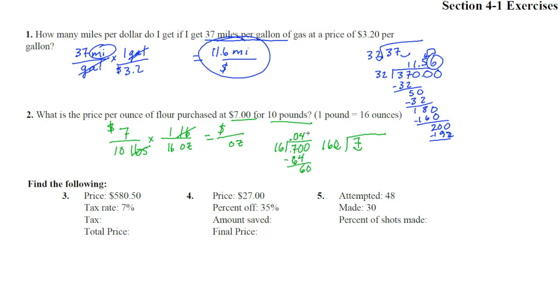So is it a 5? Not a 5. We can't quite do a 4 again, so it must be a 3. 3 times 6 is 18, carry the 1. 3 times 1 is 3, plus 1 is 4. Subtract and we get 12. Drop that down.